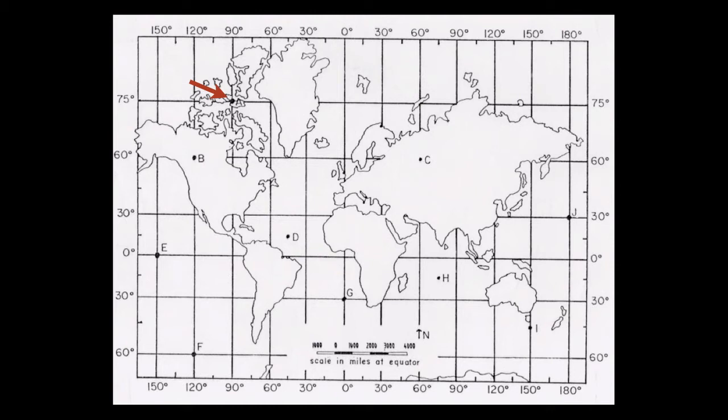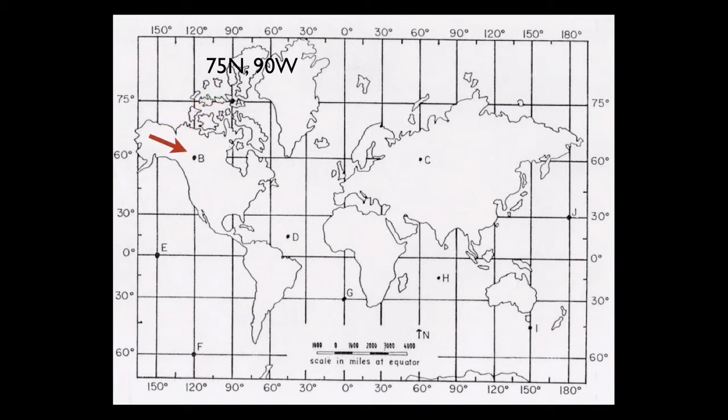You can also see that the other line it's lying on, if you look at the numbers across the top of the map, is 90 degrees. Now, is it 90 degrees east or west? Well, find the prime meridian, find that 0 line that runs up and down, and that particular 90-degree line that we're looking at is to the left or to the west of the prime meridian. So our coordinates are 75 degrees north, 90 degrees west.